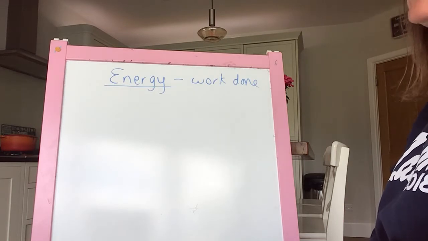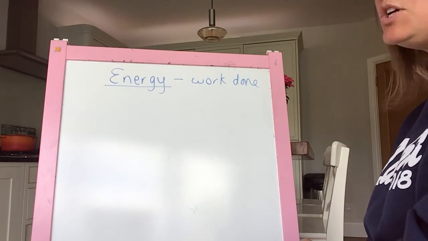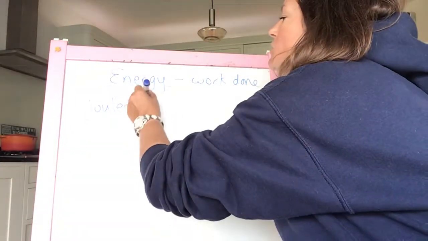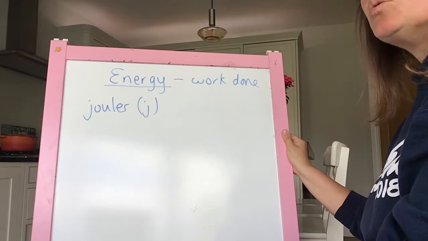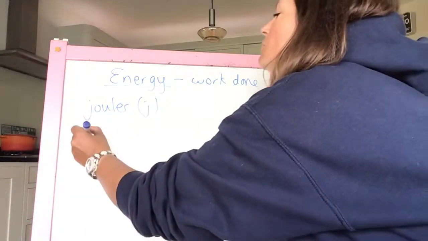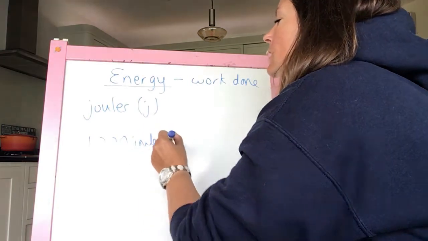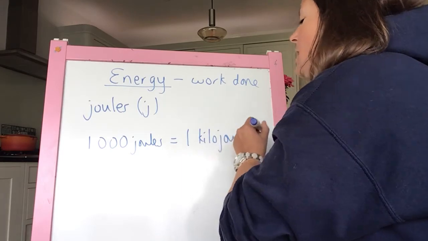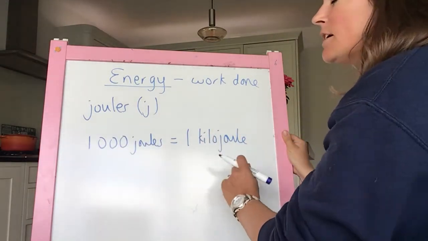Now before we look at all the different types of energy, you need to know the unit. The unit that we use for energy is joules, and it's represented with a little j. Now 1,000 joules is called a kilojoule. So 1,000 joules equals 1 kilojoule, a bit like how 1,000 metres is 1 kilometre.